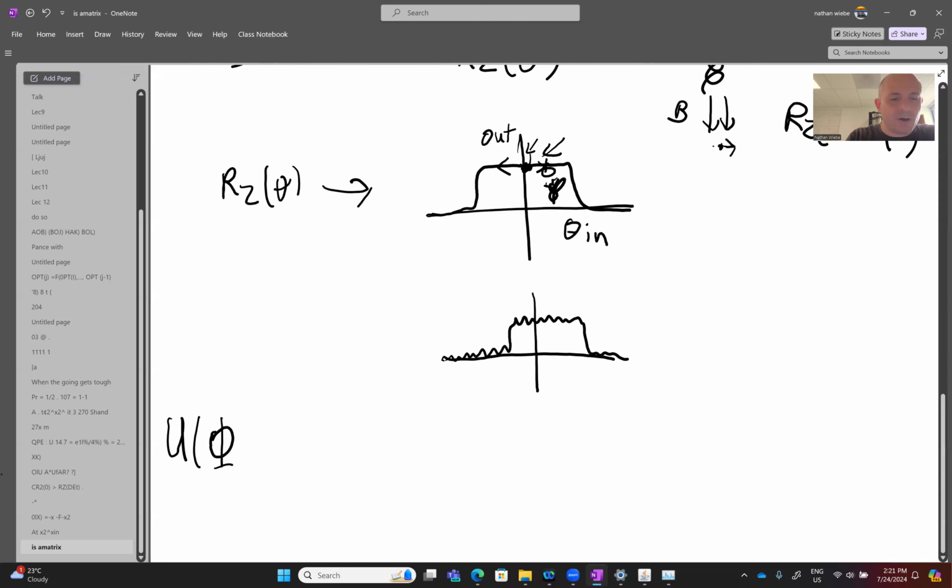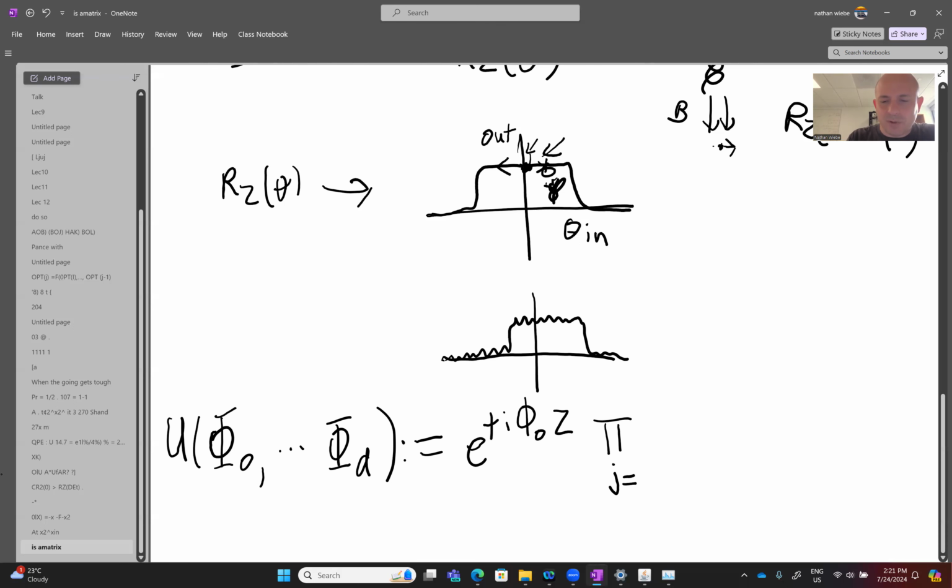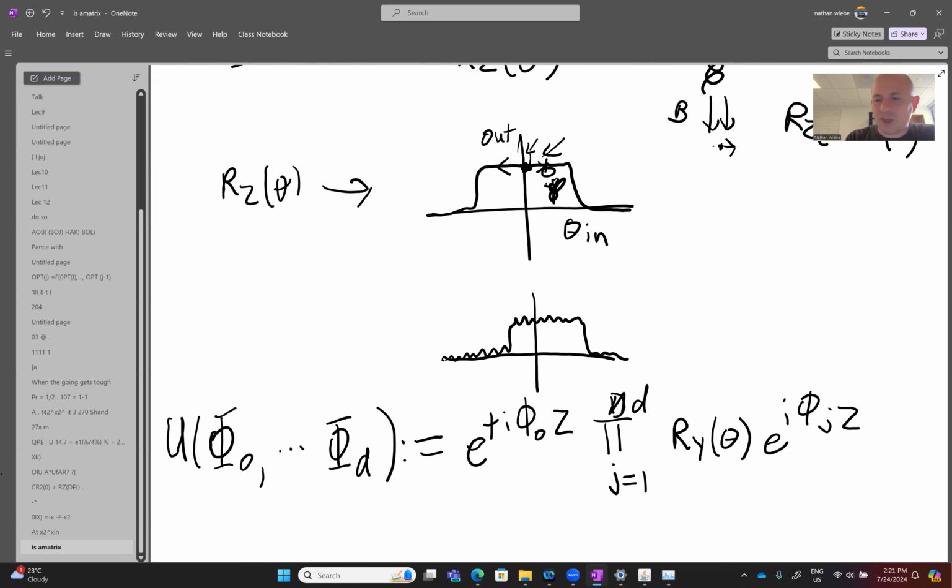Let's imagine we've got U of phi 0 through phi d over here defined to be equal to e to the plus i phi 0 Z times the product from j equals 1 to d of, let's call it, RY of an angle theta, followed by an e to the i phi j Z. So the idea basically is that we're doing a sequence of non-commuting rotations in the following way.